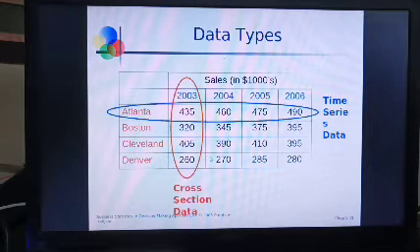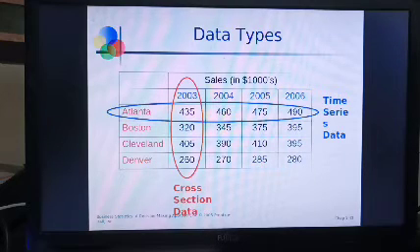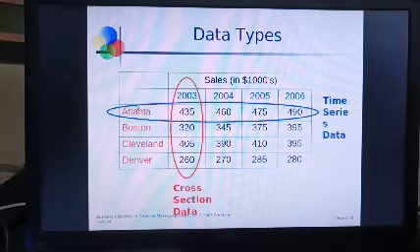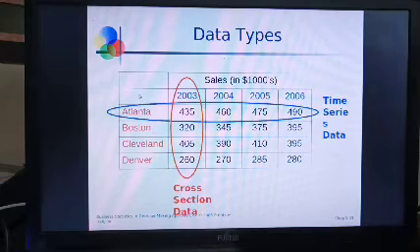In other words, class, a time series data is a data across different periods, or if it is year, across different years, if it is month, across a series of months, if it is hours, across a series of hours. While a cross-section data here, the red oblong, is a snapshot of all the data for all, maybe there's a label here that's not there, maybe a province or a state.